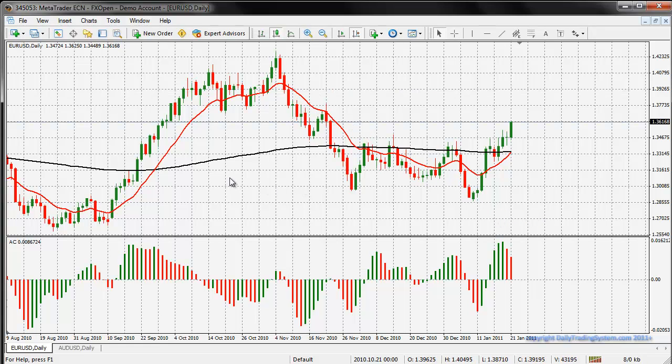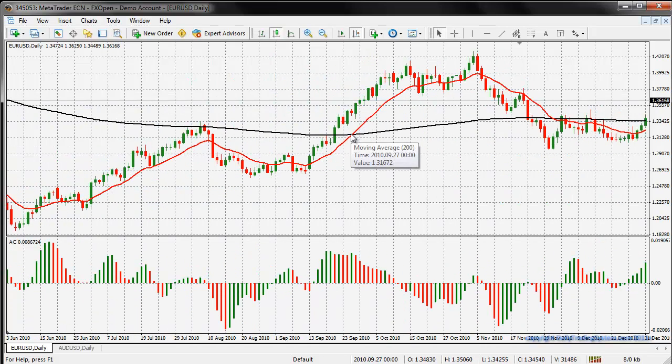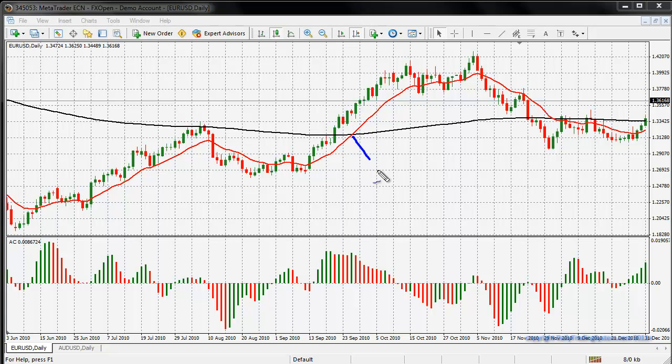But now what I'm looking at is the points where they cross over. See where that crosses over? I want to take a look at that line, and I also want to see the distance from that cross point to the candles.